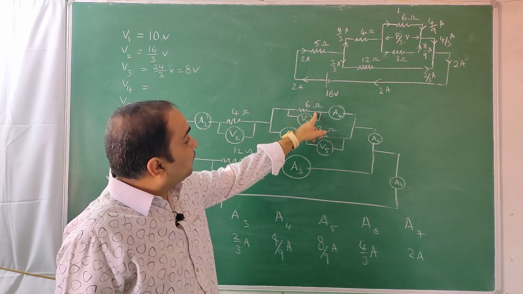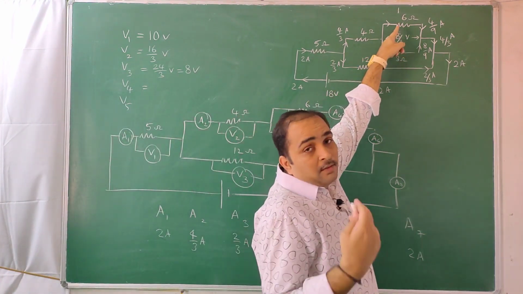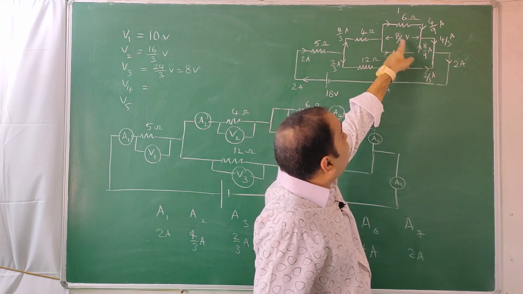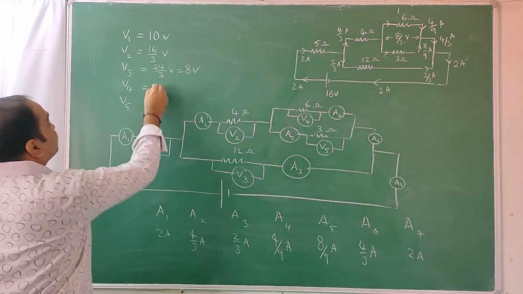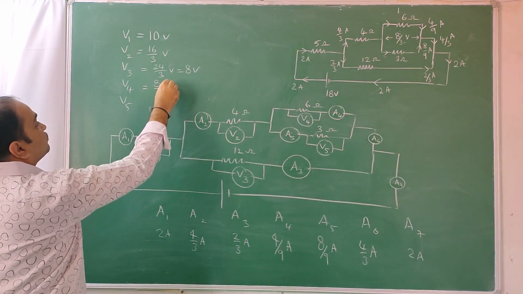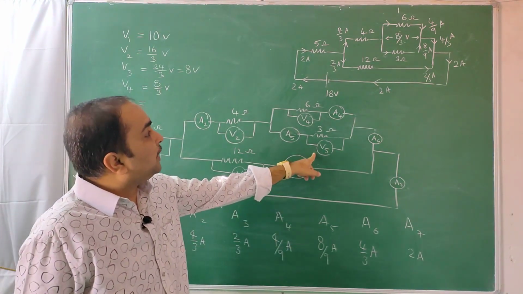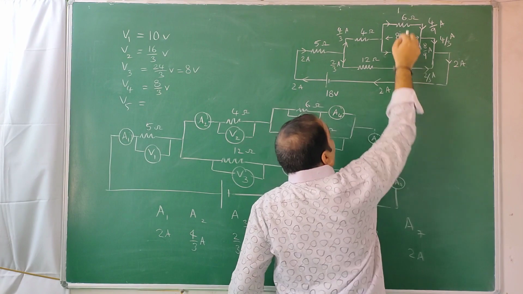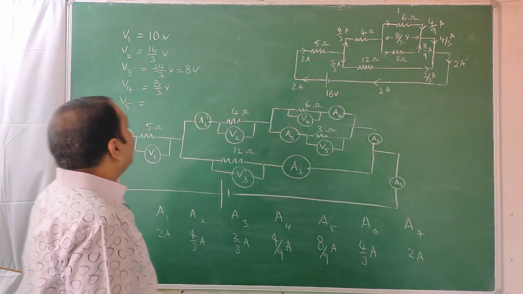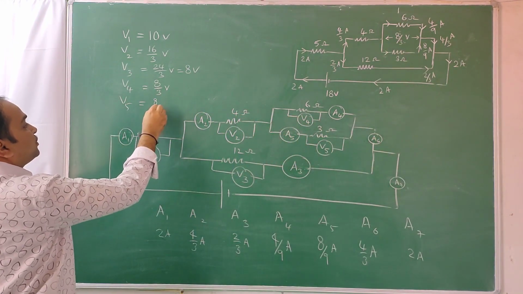V4 here, voltage across 6, already written there, 8 by 3 volts. V5 here across 3, when they are in parallel the voltage will be the same across both of them, so it is 8 by 3 volts.